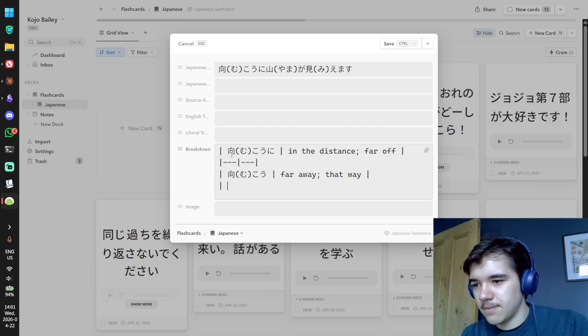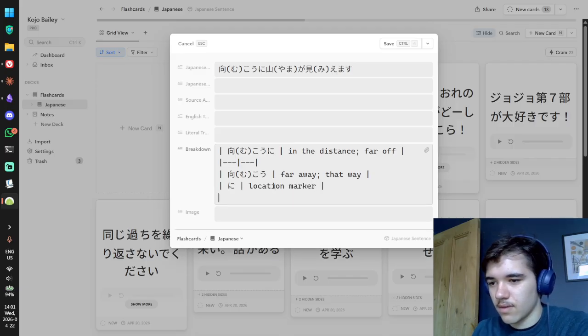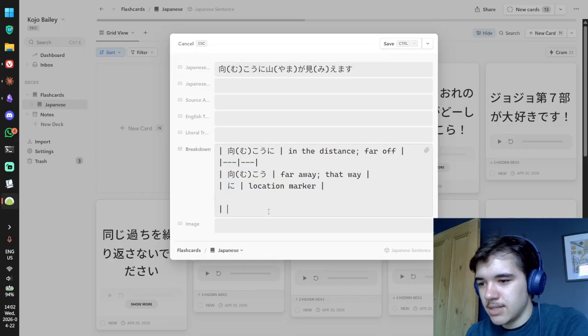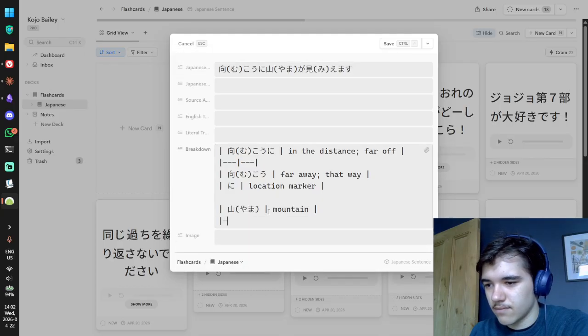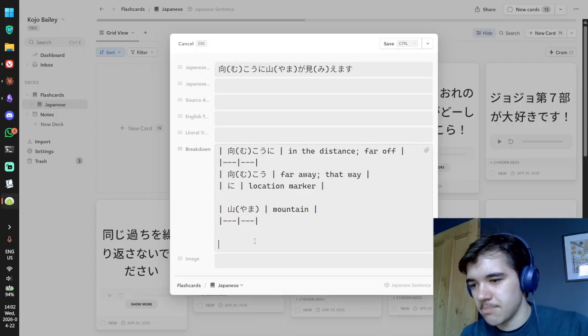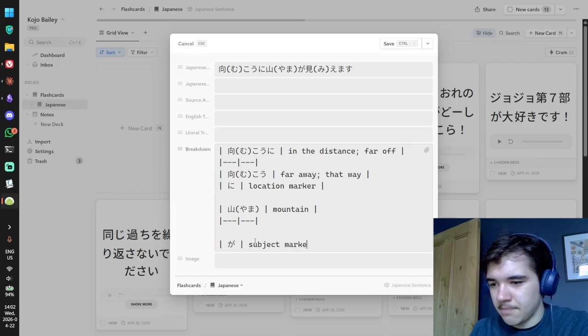And then mukou ni, or rather ni, is the location marker. Yama means mountain. Or mountains, of course, because plurals are implicit in Japanese. And ga is a subject marker.